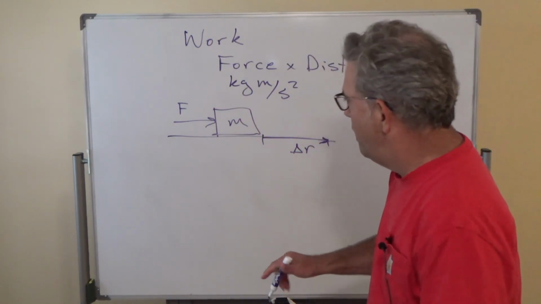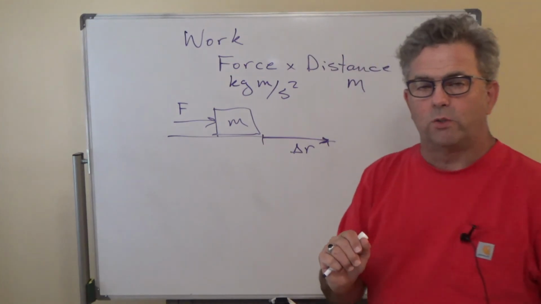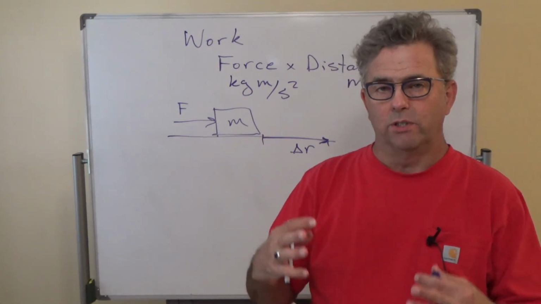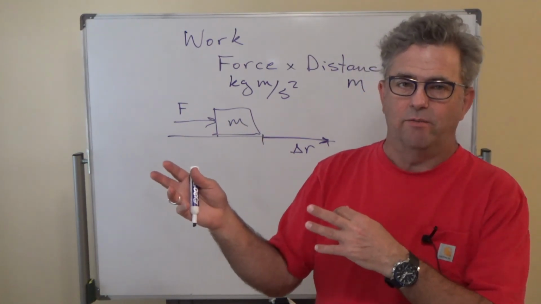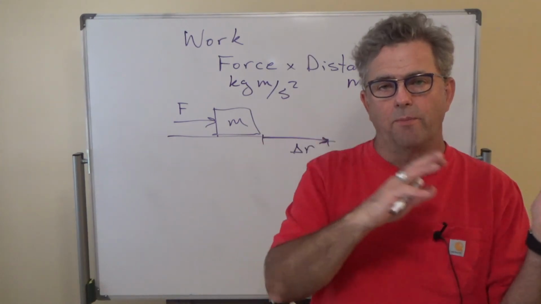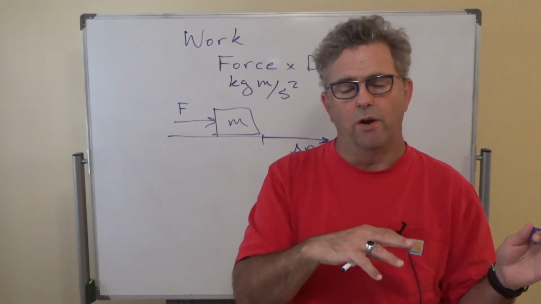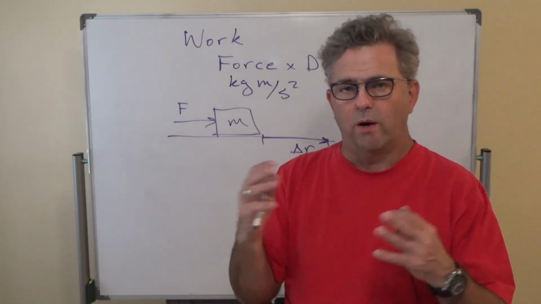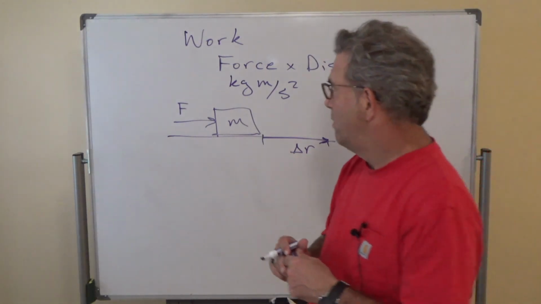Okay? So you move the box some distance delta R. Then the work done by this particular force, we're going to talk about net work done on an object, just like we talked about the net force on an object equaling ma. We can talk about the net work done on an object, and we'll get some relationship between work and kinetic energy. That's going to come later.